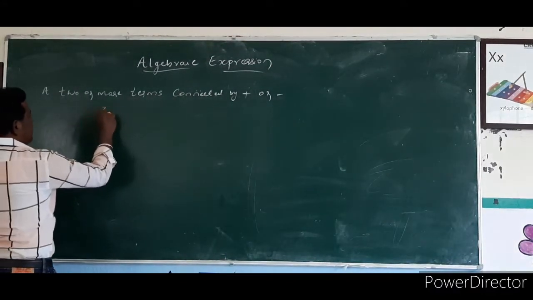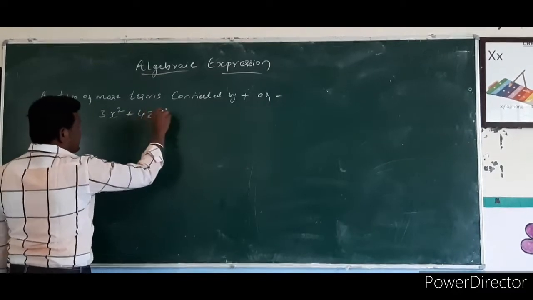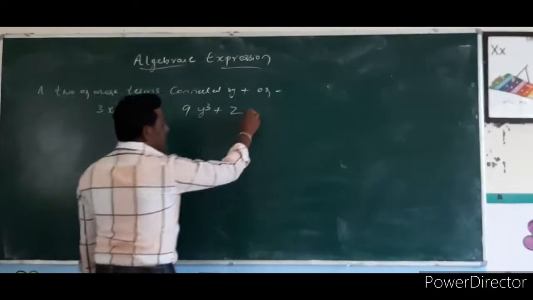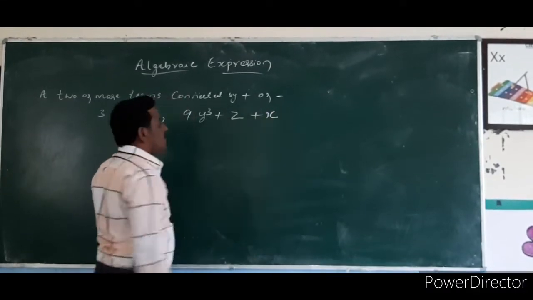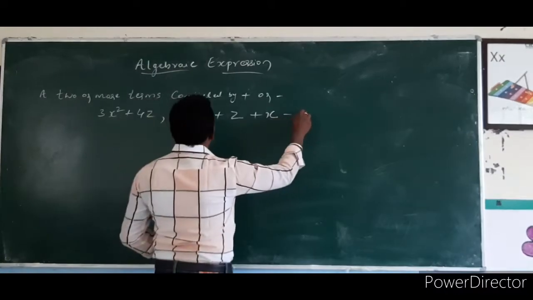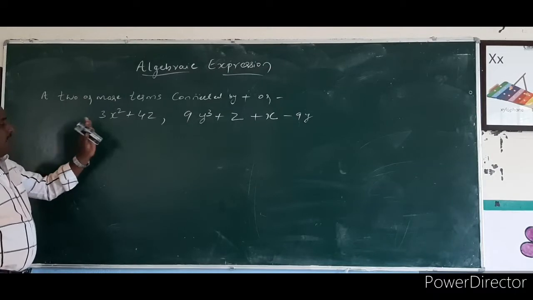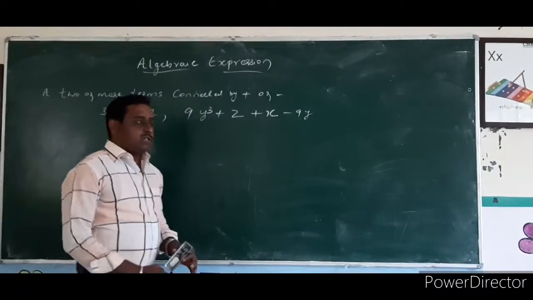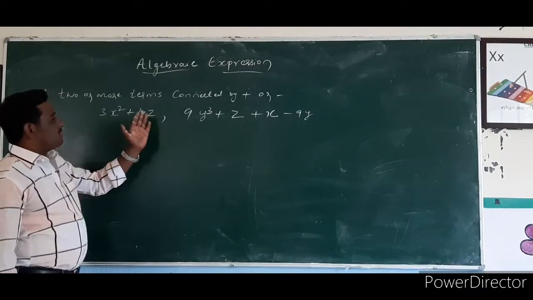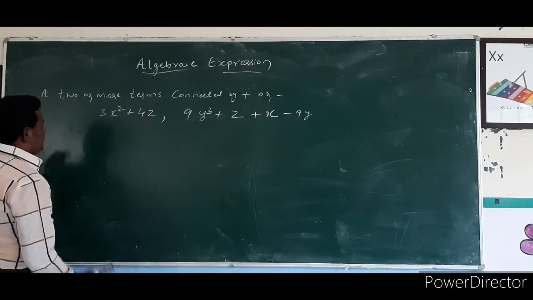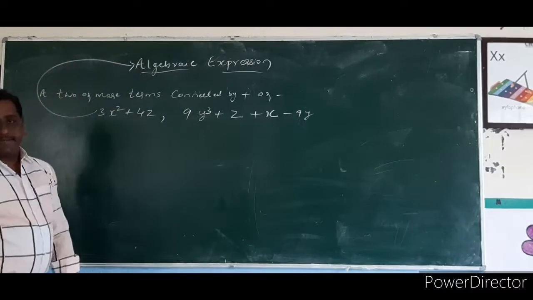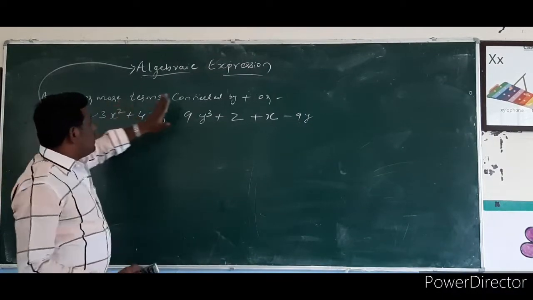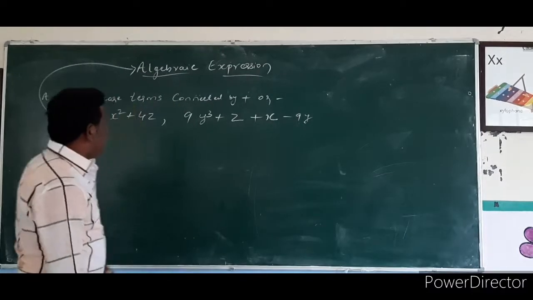So if I take 3x square plus 4z, 9y cube plus z, like this, with one more x, these four terms are connected by plus or minus. Such an expression, two or more terms connected by plus or minus sign, is what we call an algebraic expression.